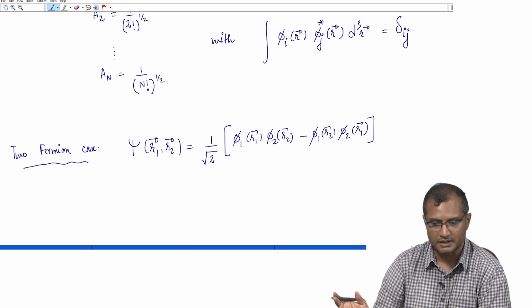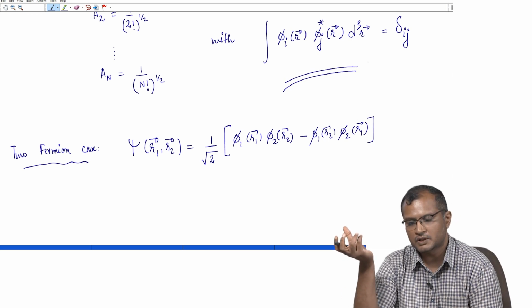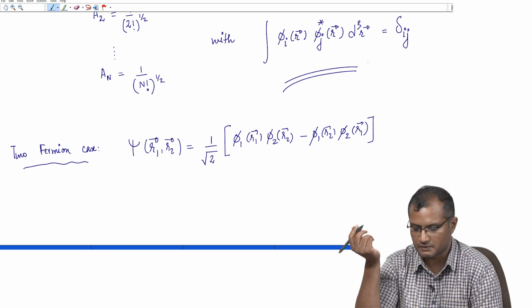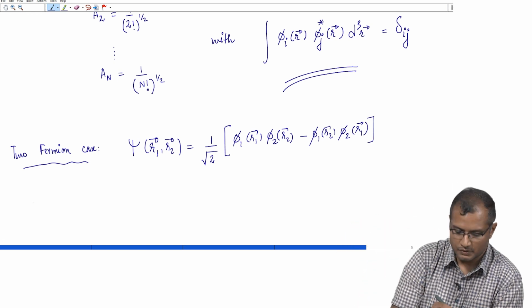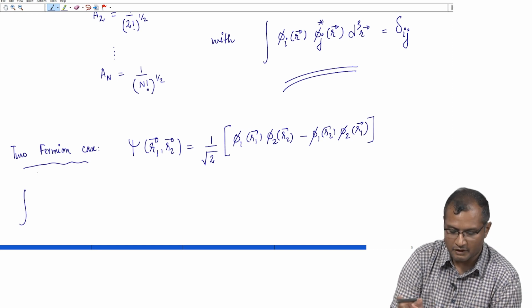It becomes very clear why, because of this norm. So, I have these orthogonalities of the single particle wave function that give the norm as 1 upon square root n factorial. So, you can write down the normalization condition as now you have 2 particles.